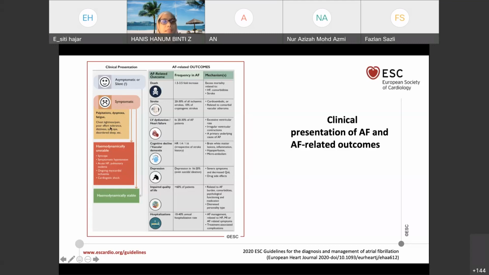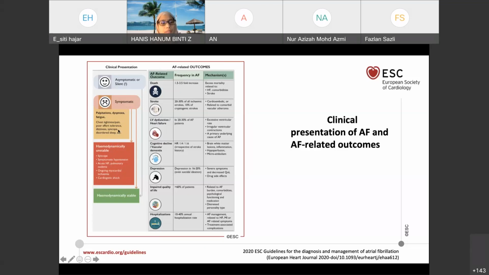Many of the patients are quite stable. However, if they are hemodynamically unstable, for example, they have syncope, pingsan, symptomatic hypotension, BP dia rendah, causing them to be dizzy, when they have acute heart failure or pulmonary edema, ongoing myocardial ischemia, or cardiogenic shock, you have to bring them to the emergency department as soon as possible.